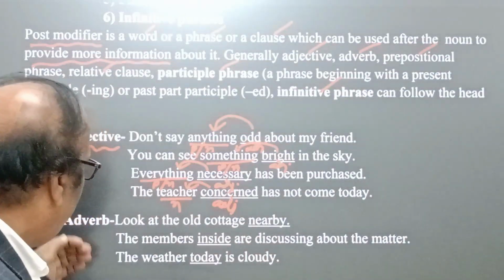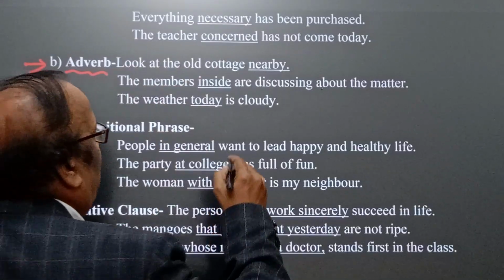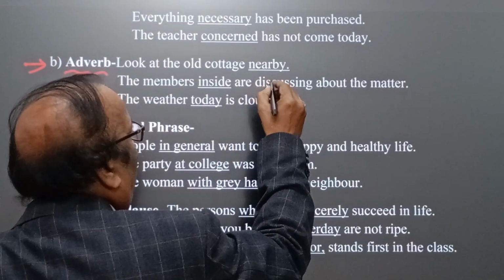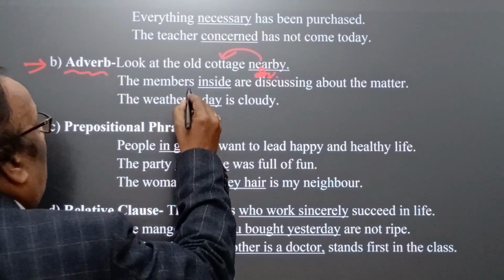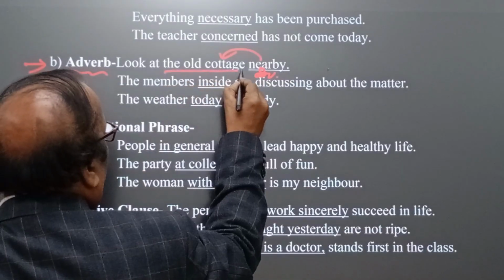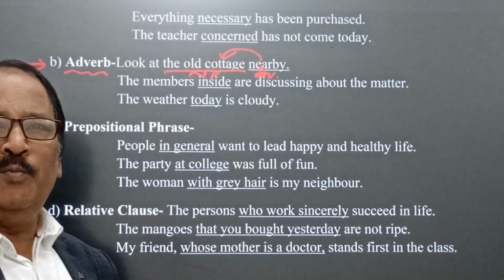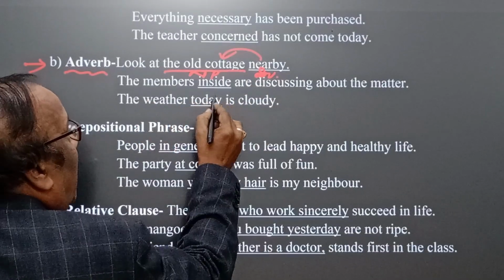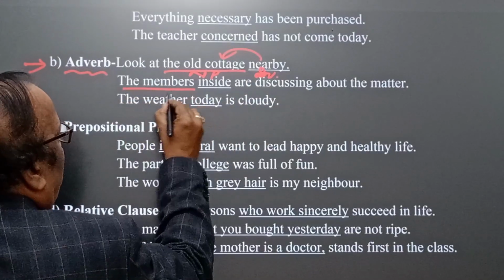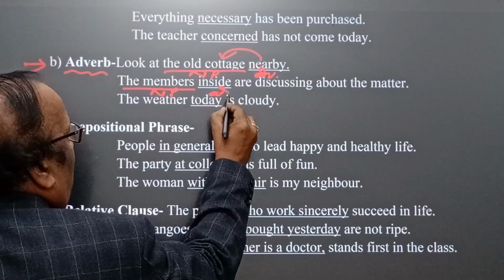Now see the other idea. Adverb. Look at the old cottage nearby. Nearby is an adverb of place. Here, the old cottage is the noun phrase, and this noun phrase is modified by nearby. The members inside: the members is the noun phrase, and inside is the adverb.